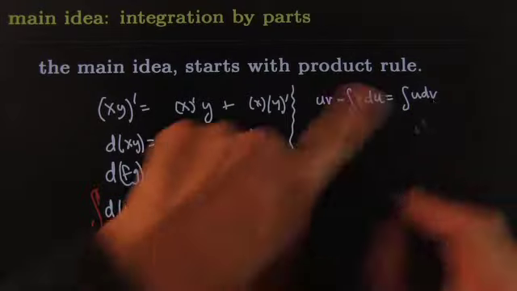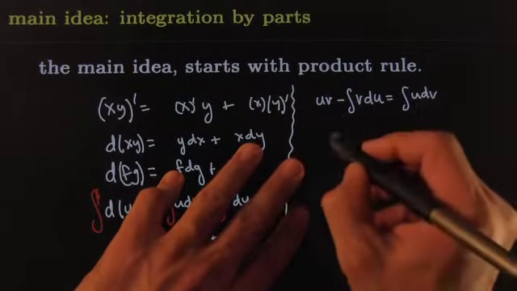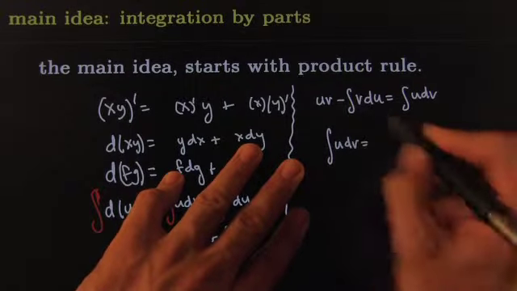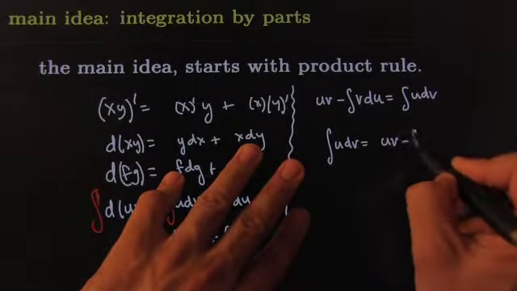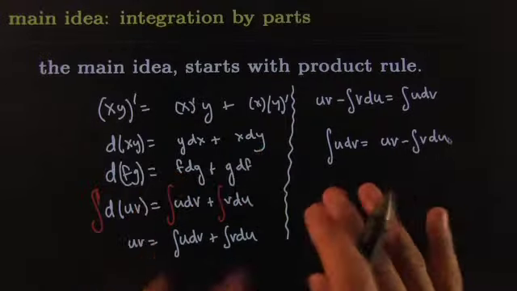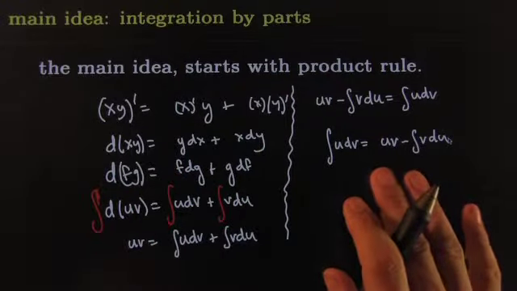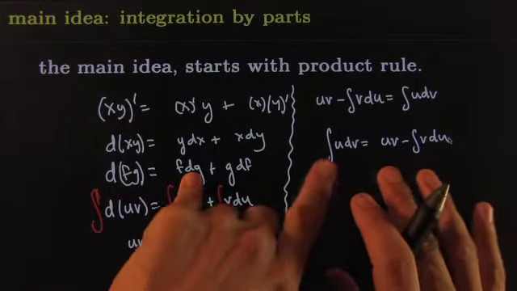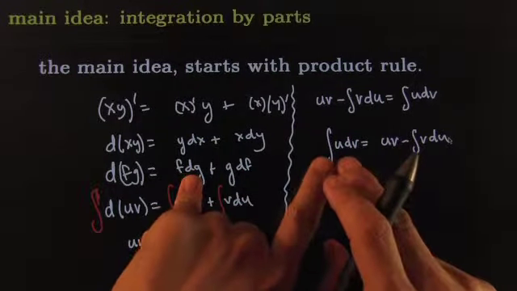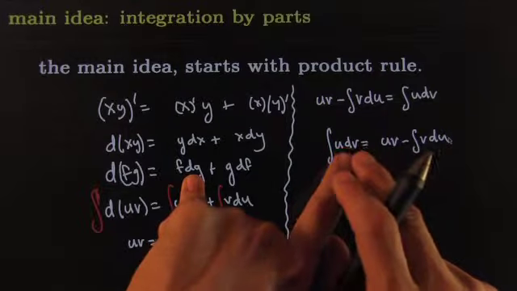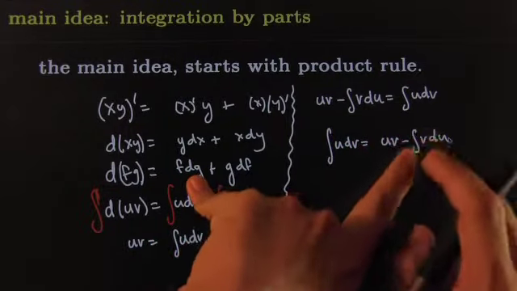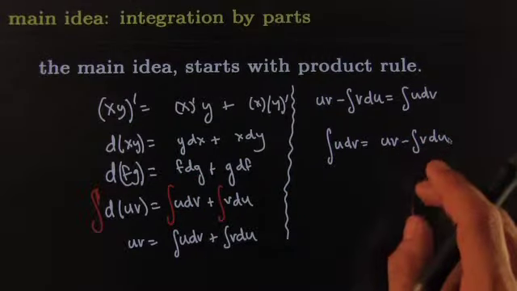Suppose you switch this around and just say, I'm going to call this my left side now, the integral of u dv, and that will be my right side, uv minus the integral of v du. Well, if you did that, that would become, of course, the most famous statement from integration by parts. It says that the antiderivative of a function u times the differential of another function v is the same thing as u times v minus the integral of v times the differential of the u function.